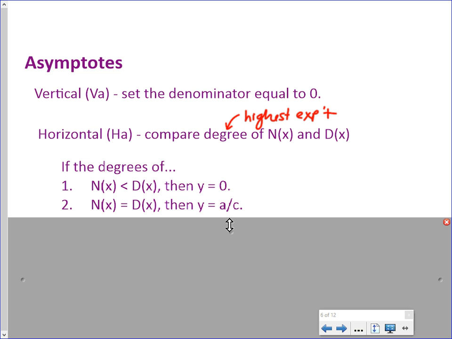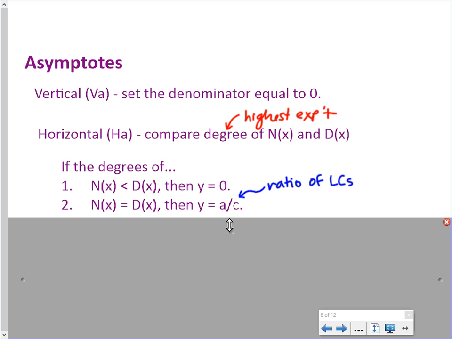If the degree of the numerator is equal to the degree of the denominator, your horizontal asymptote is at y equals a over c, where a over c is the ratio of LCs.